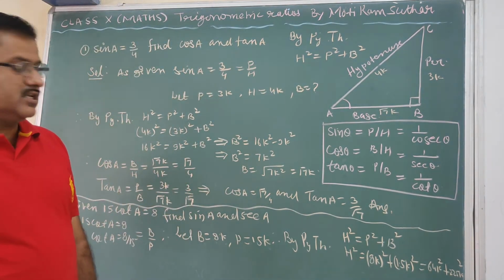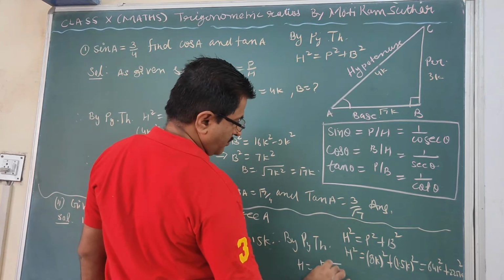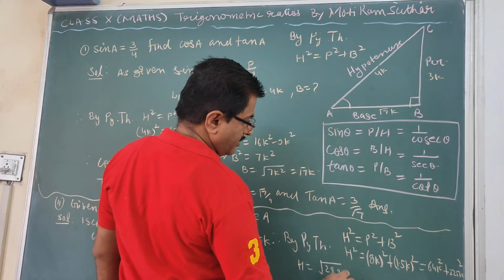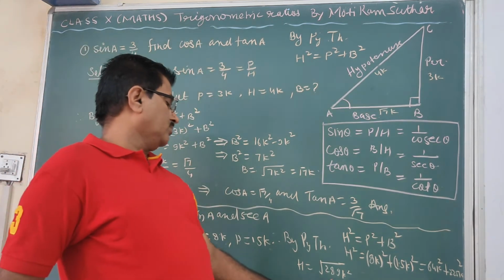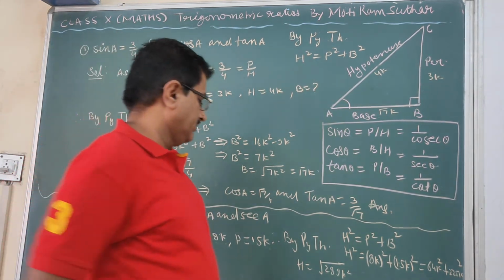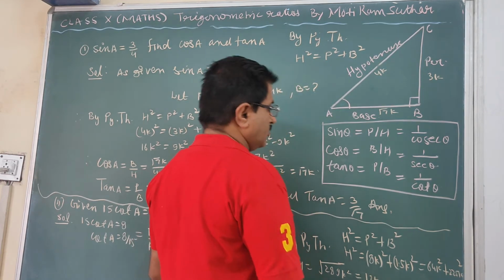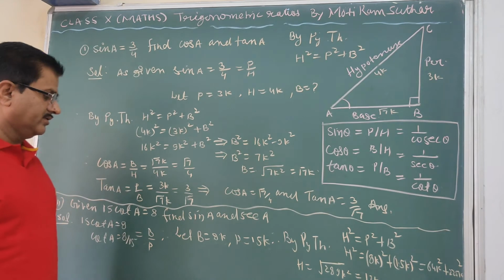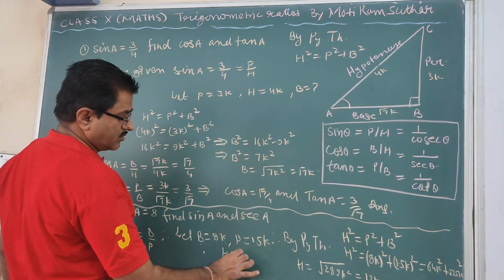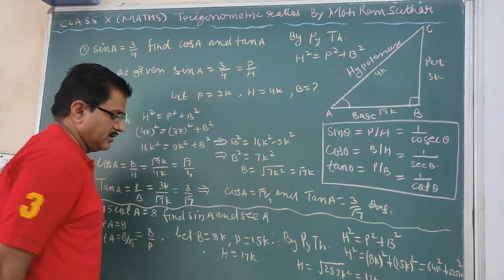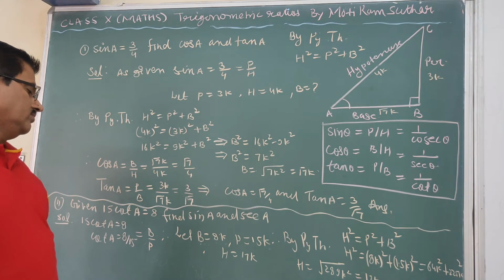So now you can say h equal to root of 289k square. We know that the square root of 289 is 17. So you get 17k. Therefore h equal to 17k. Clear? So now all three sides we have.